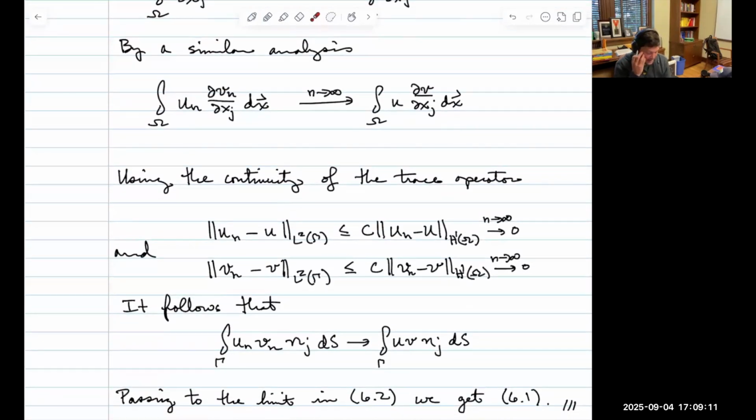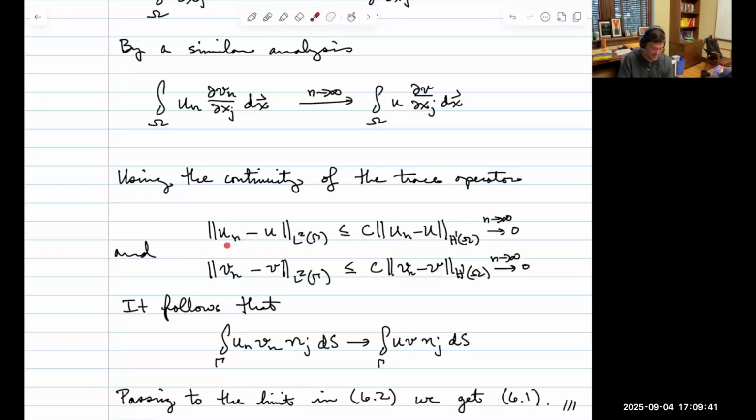Now, the next thing I want to do is use the continuity of the trace operators. Let's start with what we know. These two functions are both in H1. This is in H1, this is actually in C1. So their difference is in H1. The trace operator tells us that that difference, because it's an H1 function, has a boundary trace.